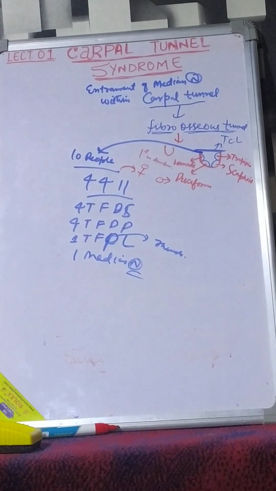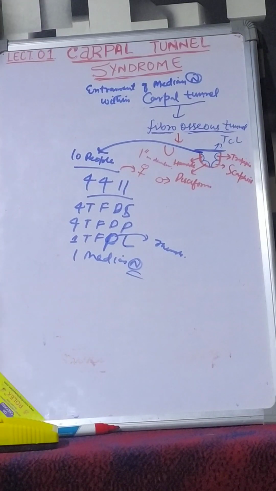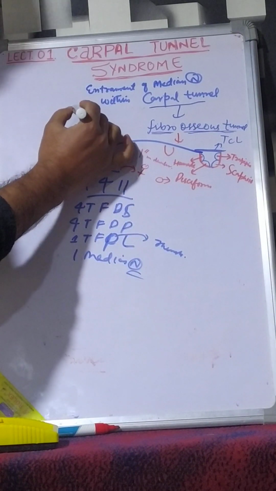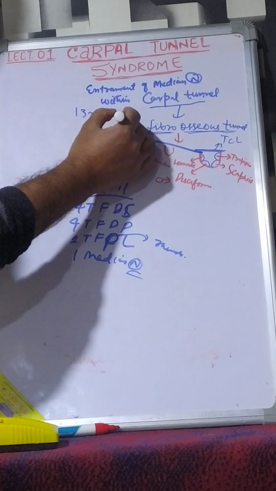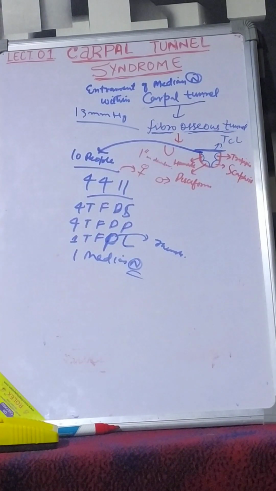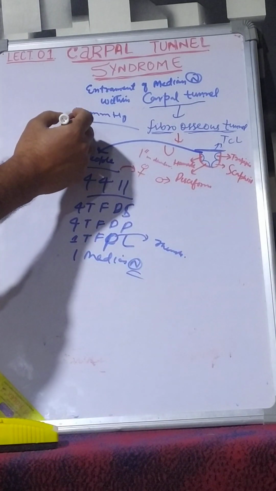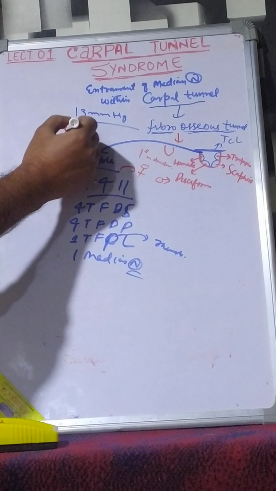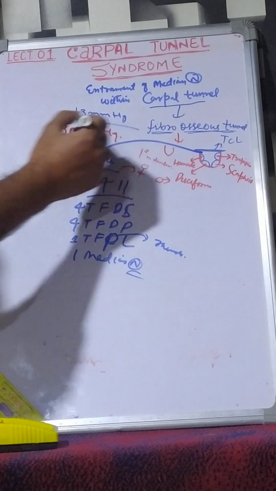So what are its clinical pressures? First, I will tell you pressures. Normal on an average is 13 mm of Hg. You just remember this figure, 13 mm of Hg is normal pressure. If it is greater than 30 mm of Hg, it is diagnostic of carpal tunnel syndrome.